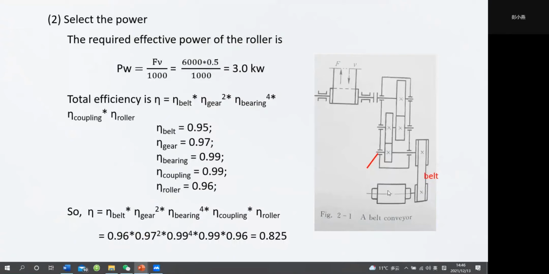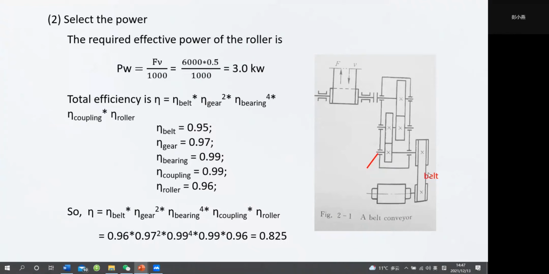The speed of the motor is 1,440, and the speed of the roller is 31.8. So we should use the belt and the gears to decrease the speed.